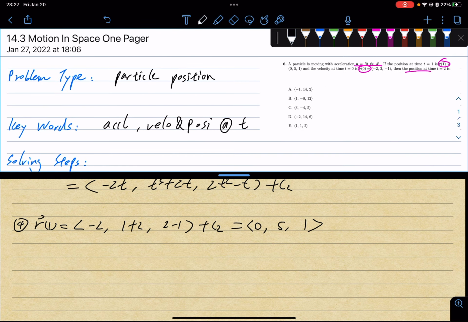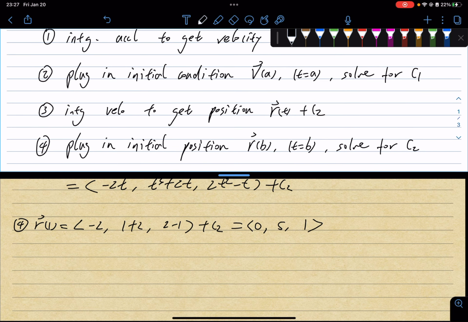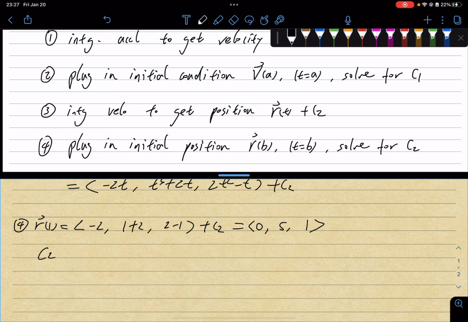So we're going to match them again. We will realize C2 equals 2, 2, 0.